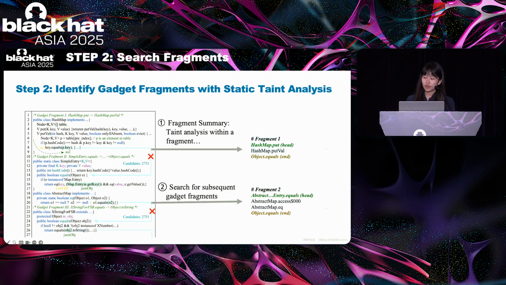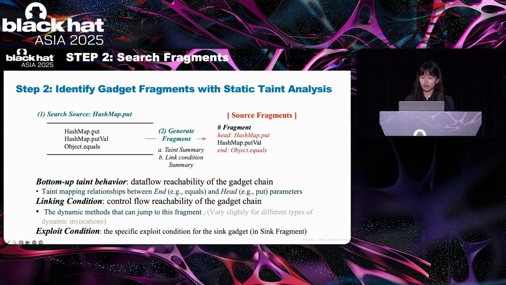For example, JDD starts from the put method of HashMap until the next dynamic invocation, the equals method, and treats the calls in between as a fragment. And for each fragment, JDD will perform data flow analysis to record the taint mapping relationships between the last method and the first method. We name it the bottom-up taint behavior.